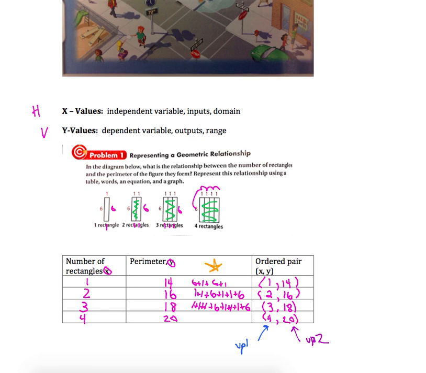So if we would graph this, this would be a linear relationship because we have the same change happening for every x, and for every y we have the same change happening. So that would graph a line.